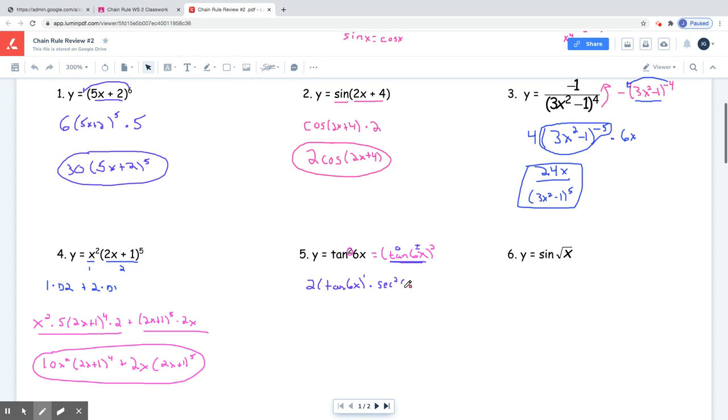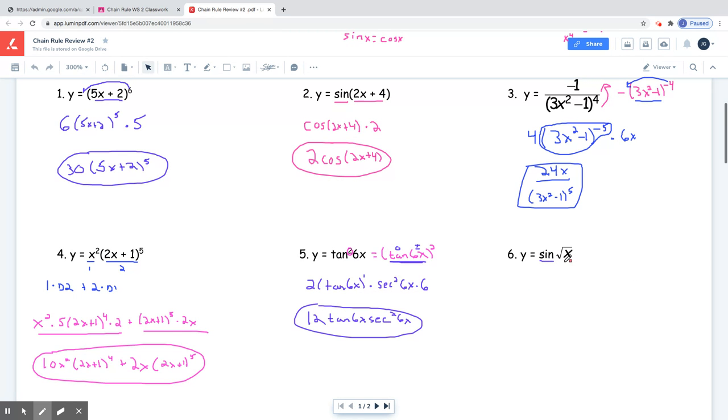You keep the inside the same, so we write 6x again, but now we have to multiply by the derivative of the inside. The inside is 6x, so that is 6. You write that, you're good. Just move the 6 to the front, so it's 6 times 2 is 12. 12 tangent of 6x, secant squared 6x. There's your answer.